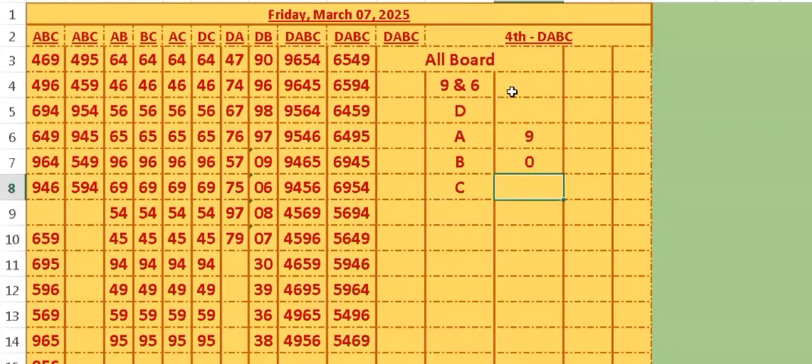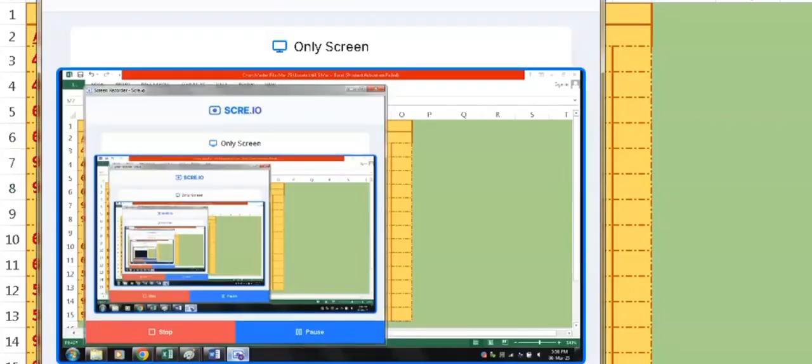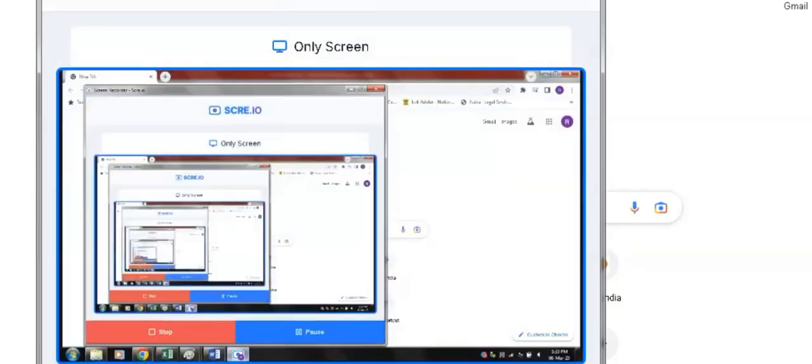So board B, the major option is 0, though you can play 3 and 9 as support if you want. Board A is 7 and 9, board D 9, board B 0, board C 7.